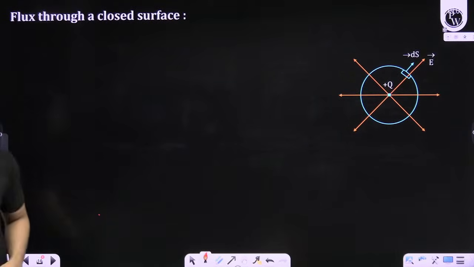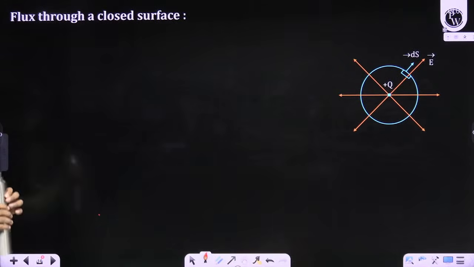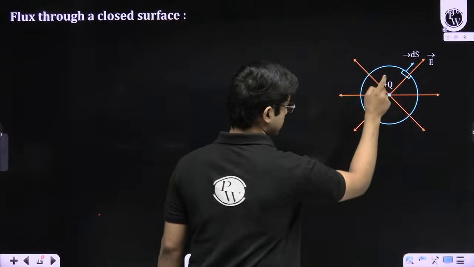Now we are going to calculate the flux through a spherical surface when we have a charge q at the center of the sphere.